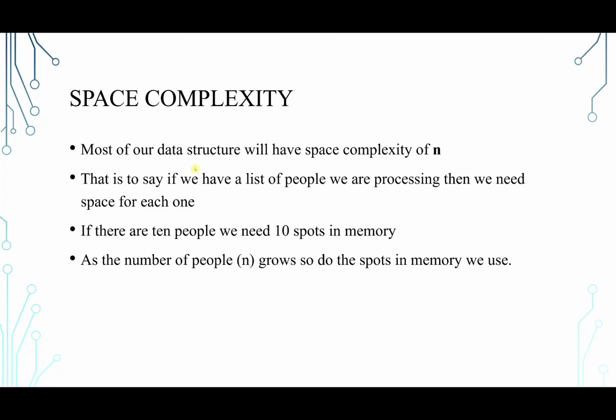Most of our data structures will have a space complexity of n. That is, if we have a list of people and we are processing this list, then we need a space for each element we are going to store in this list. This is simple. This is something you have seen in CS141, in Java 1.